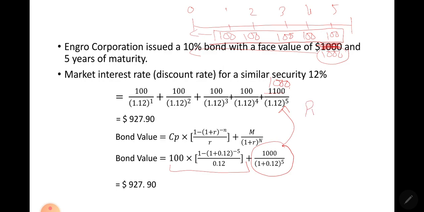This formula has two parts to it. One is the annuity formula, that is for the equal coupon payments, and the other is for the par value, which is a single cash flow. If you use both formulas and you add their answers, you will still get the same answer.